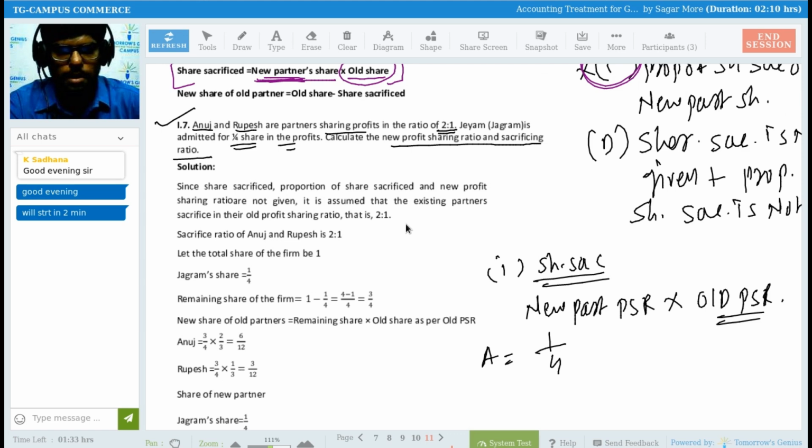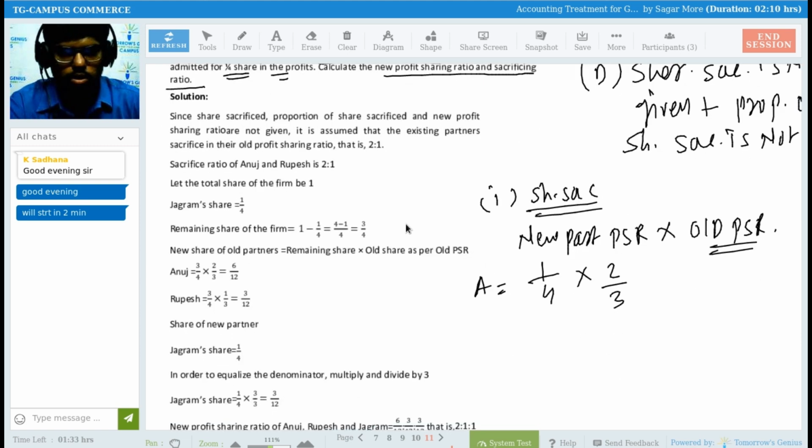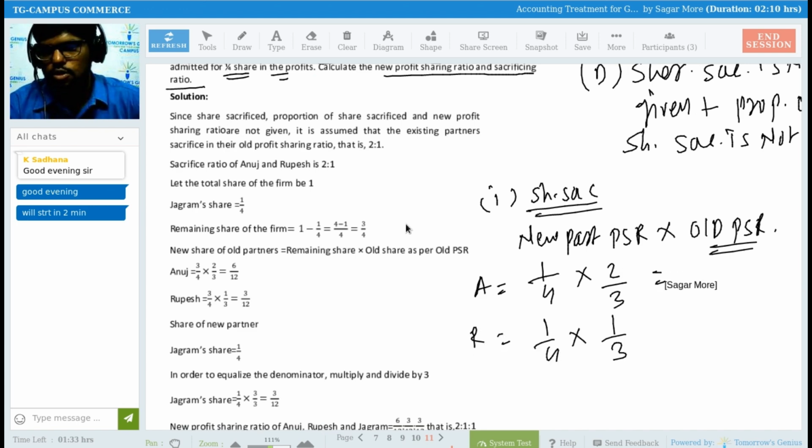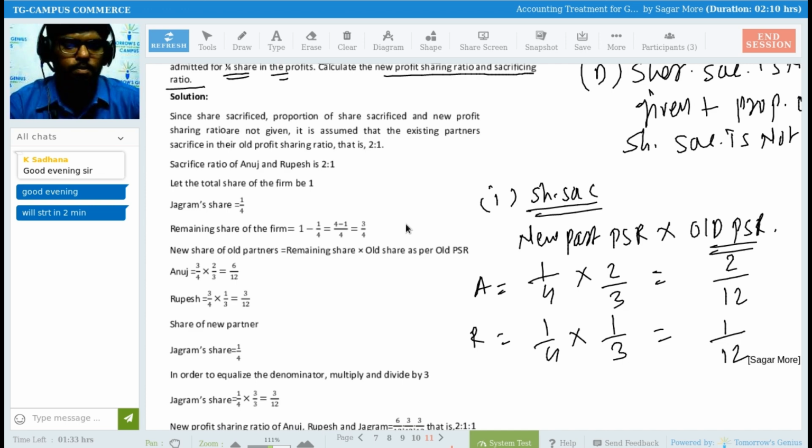Anju's and Rupesh's old shares were 2:1. So 1/4 multiplied by 2/3, simple. And for Rupesh, 1/4 multiplied by 1/3. So I will get share sacrifice of 2/12 and 1/12.